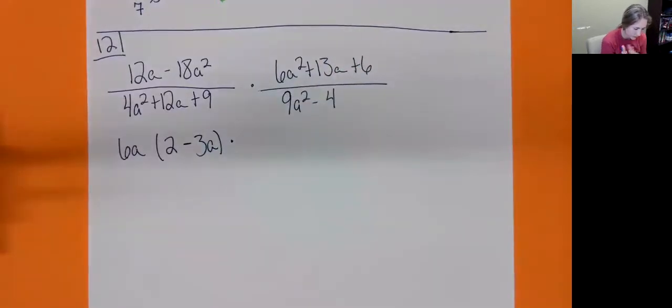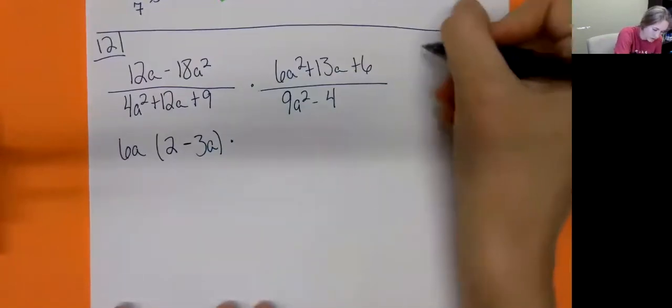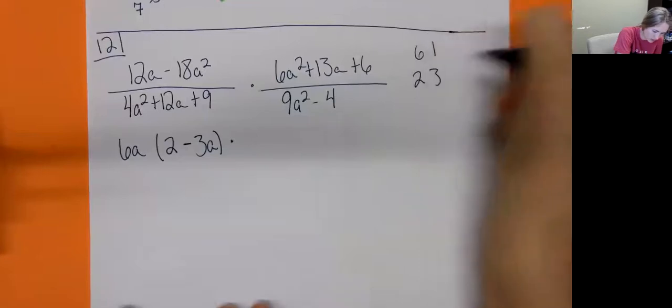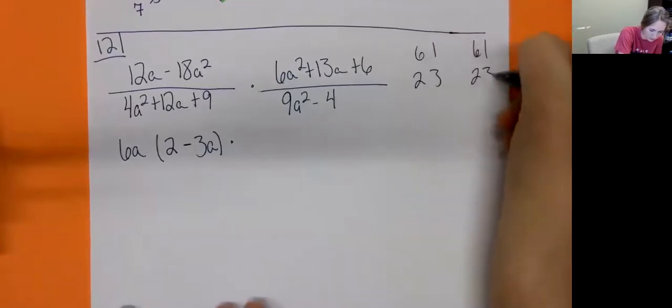I'm going to go ahead and do this side. So I can't factor anything out of all of them because of the 13. But I have 6 and 6, and I need factors that add to get 13. So you have 6 and 1, and 2 and 3.